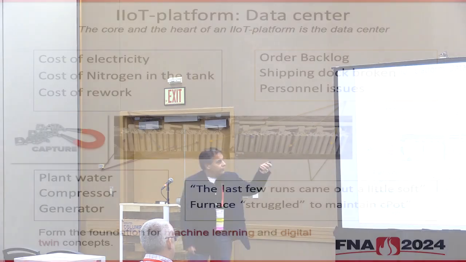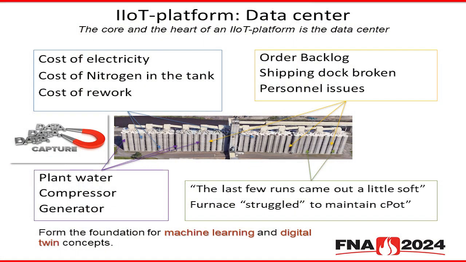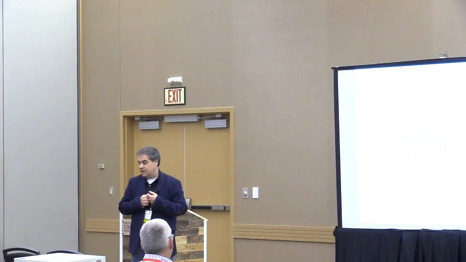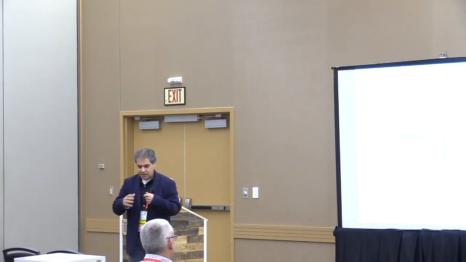So we take our information and we kind of categorize it. Now, I can't underestimate how important this data center is. ERPs and SCADAs have a database, and yes, I'm logging, and a lot of this information is available.